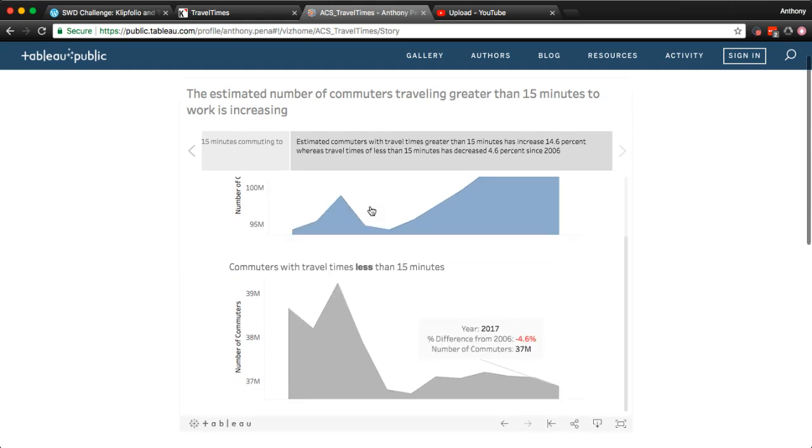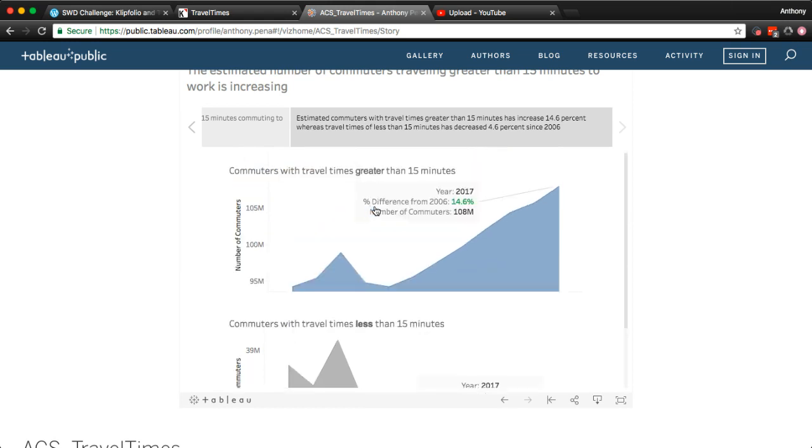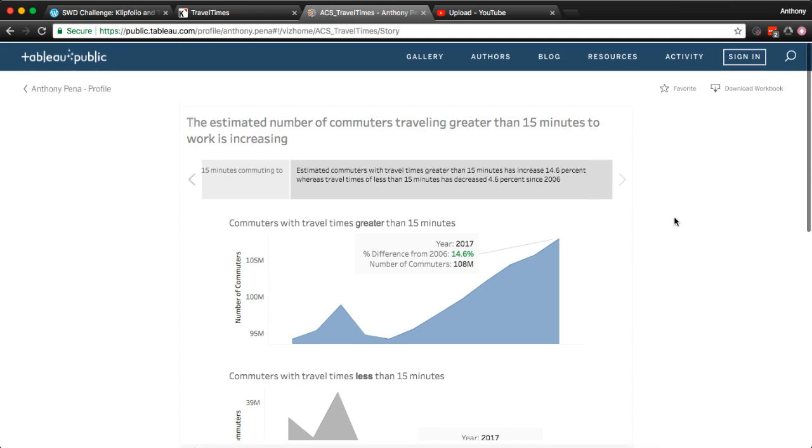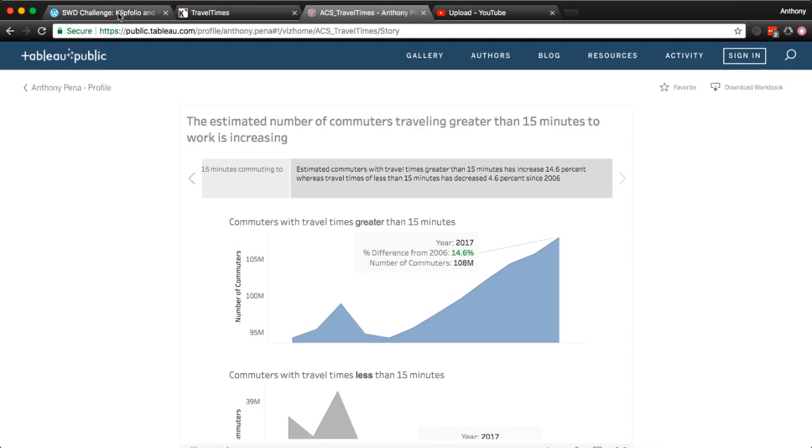So I really like this feature, and this is where, again, I think Tableau can serve that role of explanatory dashboards much better than Klipfolio can, with certain features that I just mentioned.